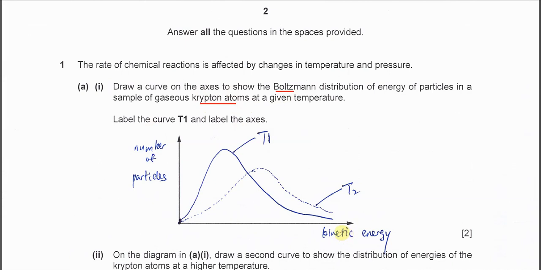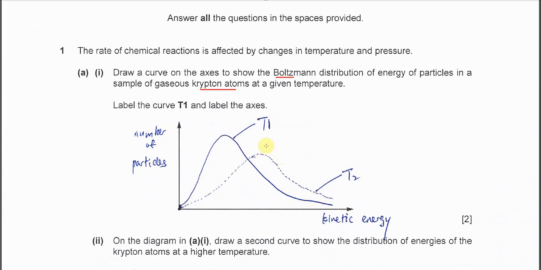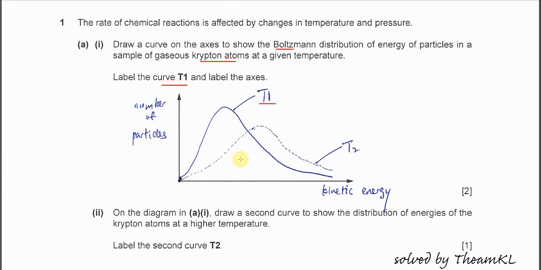And you have to draw the normal Boltzmann distribution curve, and this one you just need to label T1. Label curve T1. Okay, so this is the Boltzmann distribution for this part. Later the dotted line in part 2.